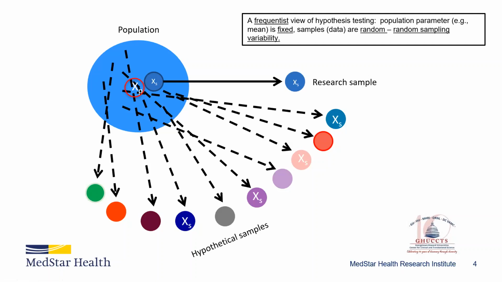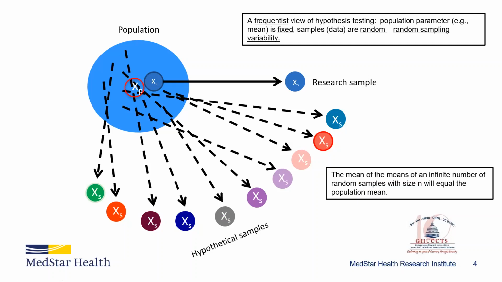And basically, what we want to know is, is this representative of the population? But the frequentist view is based on repeated random sampling, or the possibility of doing that. And so if you were able to draw an infinite number of random samples of size n, whatever that might be, the mean of those means will equal the population mean.